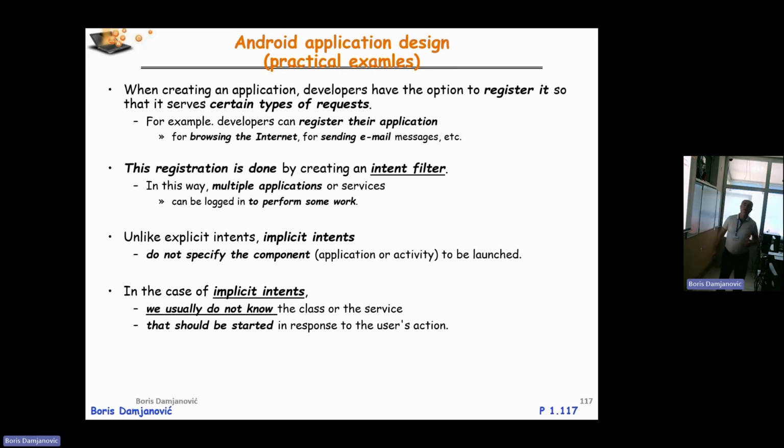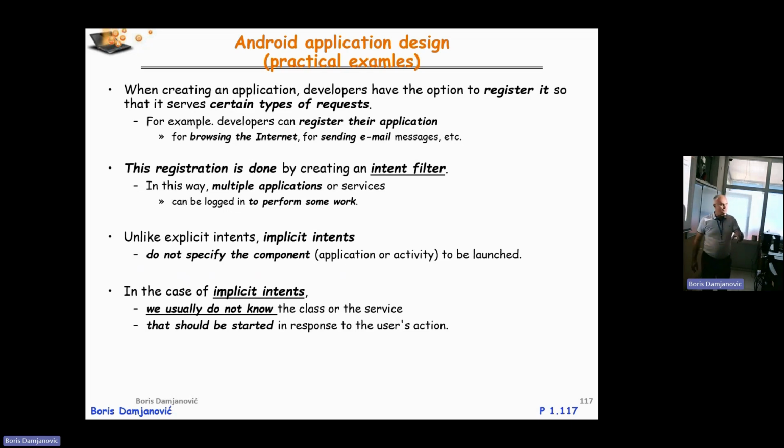So for that, we will have to declare and explain to our application what we want to do. Registration here is done by intent filter, and we can have multiple applications registered to perform the same work, to open PDFs, to browse the internet, and so on. And to use this option, we will use implicit intent. We will not specify the component which we want to open.